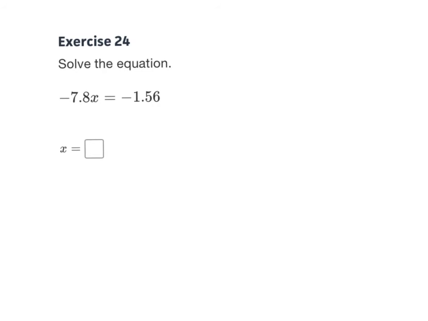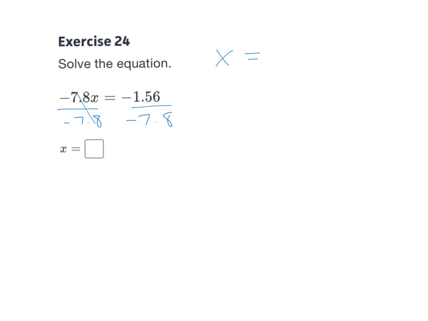Problem number 24. I've got negative 7.8 times x. So we are going to do the inverse of multiplying by negative 7.8. That is dividing by negative 7.8. And we're going to do that on both sides. So I get x is equal to, a negative divided by a negative is a positive, 1.56 divided by 7.8.